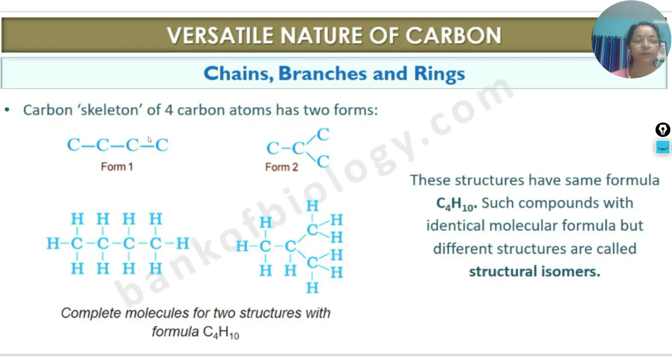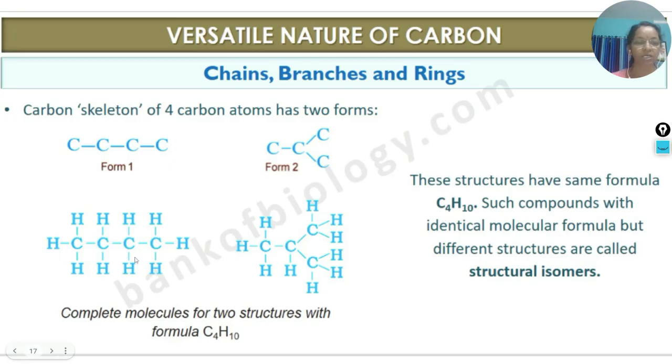But see here, it is showing a carbon compound with 4 carbon atoms. This is one form, this is the branched form. What is special about that? The number of carbon atoms is equal, and if you fill in hydrogen in both the cases and add up, we can see that the molecular formula of the compound is C4H10.